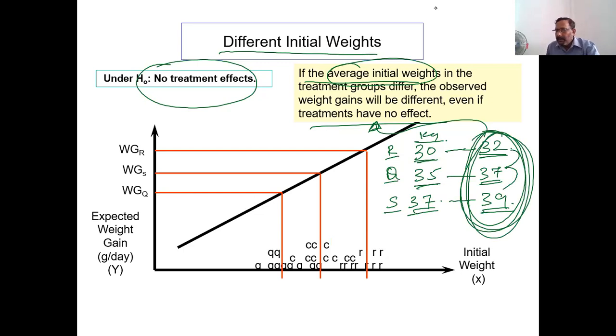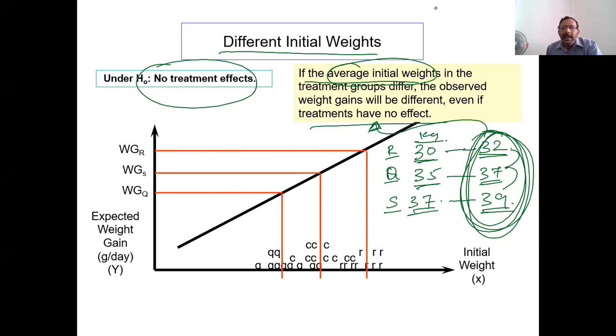Due to what? Why is that difference there? Because of the initial weights. Yes, because of its initial weight. Even though there's no treatment effect, because of the initial weight. Normally we don't get this, but this is the problem. This is the problem in experiments.